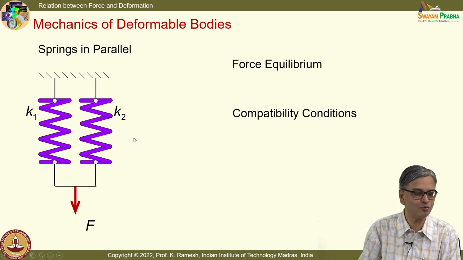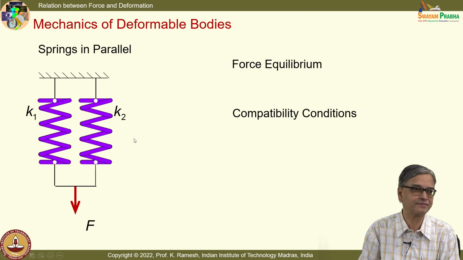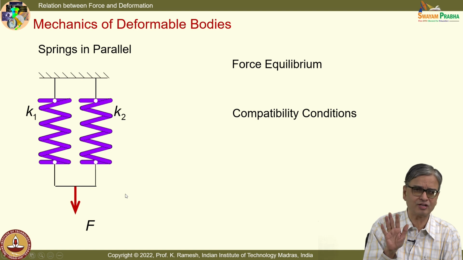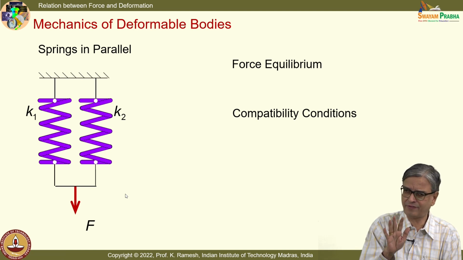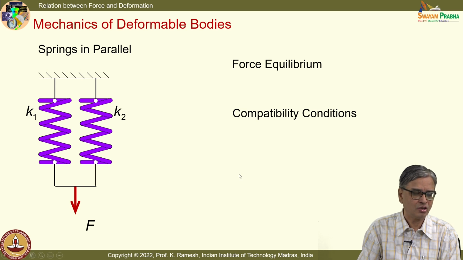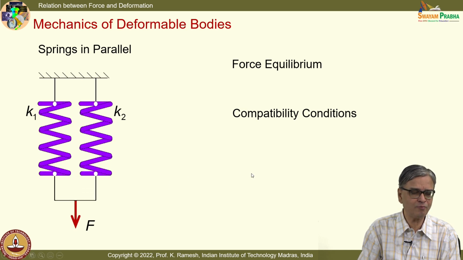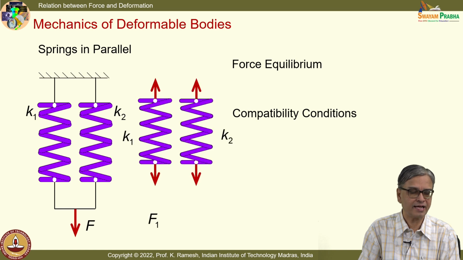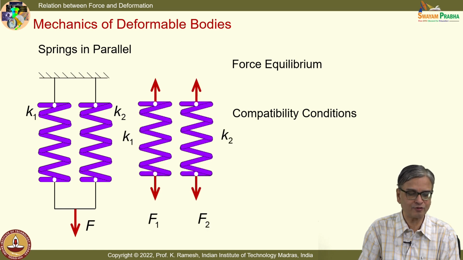I have two springs in parallel. Now, I pull this in a manner that this horizontal bar remains horizontal, it does not deflect. So, when I pull it in this manner, what happens? I can look at the free body diagram of each individual spring. I can have a force acting on it.